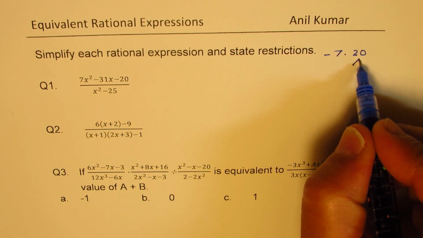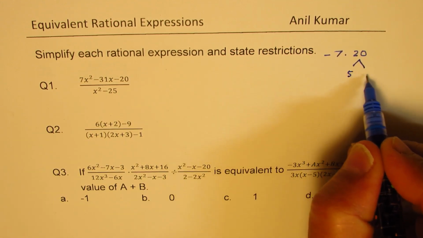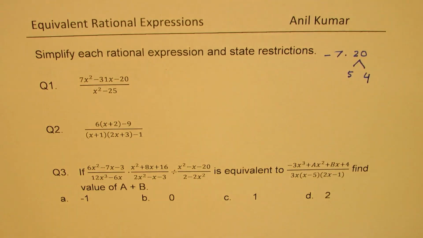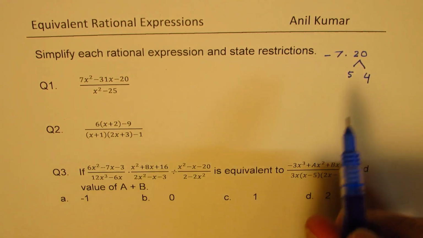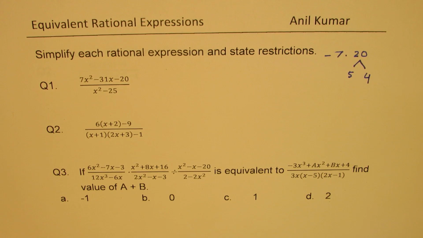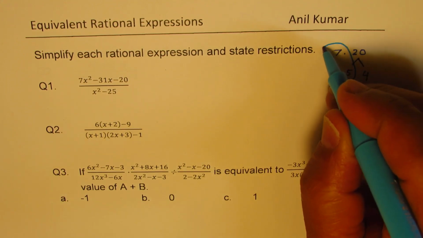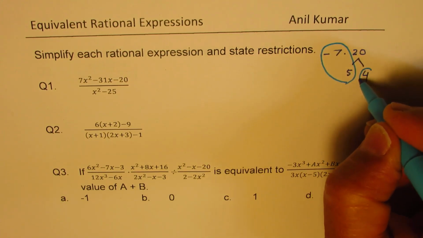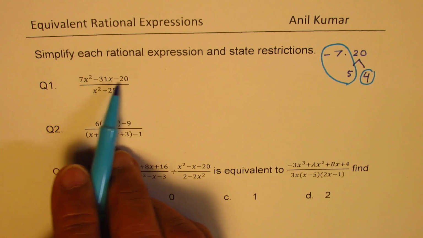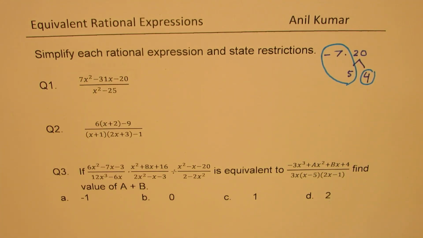So we can say that 20 is like 5 times 4, right? So if I take two terms p and q as 35 with a negative sign and 4, I could actually factor the numerator, correct?